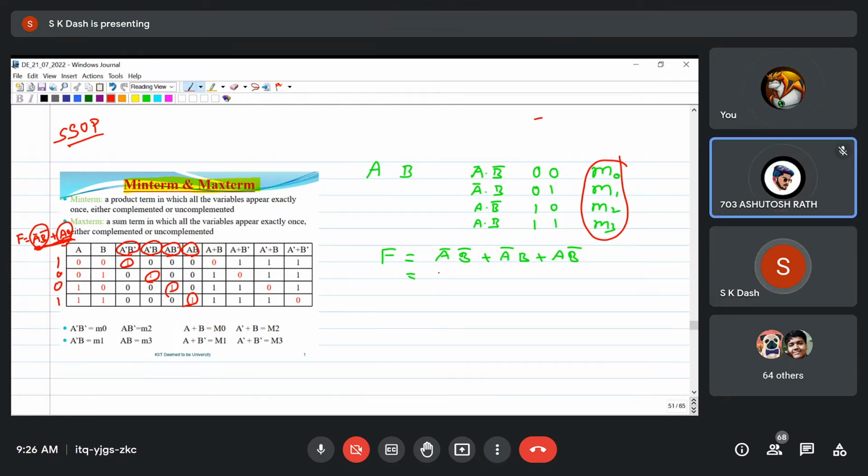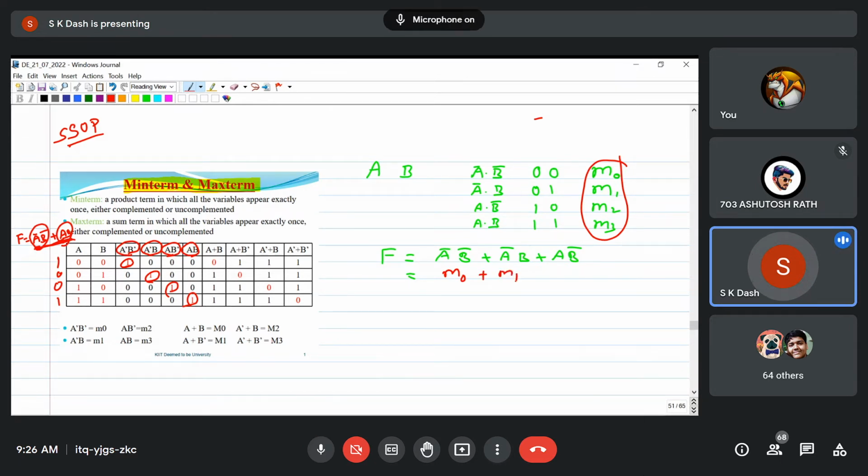M0. So I can write this as M0 plus, what is A bar B? A bar B is M1. AB bar is M2. Or as their addition, I can write this as summation of M with subscripts 0, 1, 2.